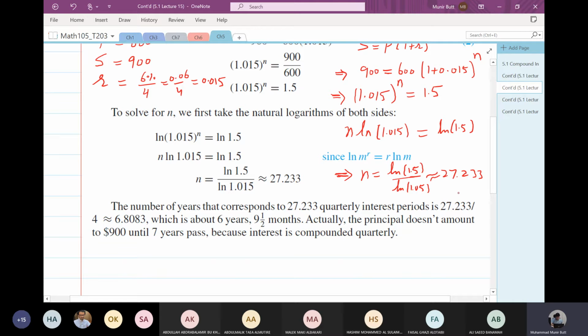Okay, but we want how many years? So you divide by 4. Agree? So now in years, this was in quarters. In years, n will be equal to 27.233 divided by 4.